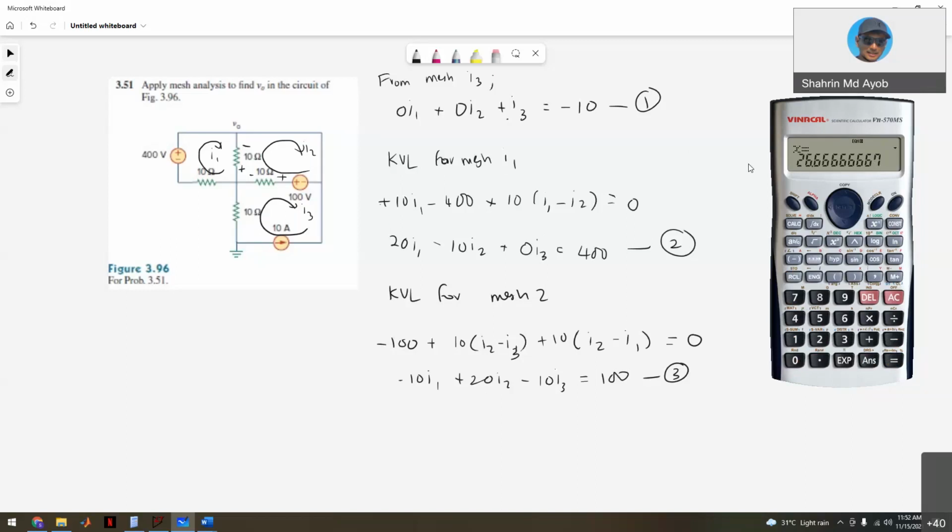So for a simultaneous equation, it can be done manually, very straightforward. But sometimes it's also quite complicated. Imagine that for AC circuit, after the semester break, you will be introduced to the AC circuit, where you have inductors and capacitors.